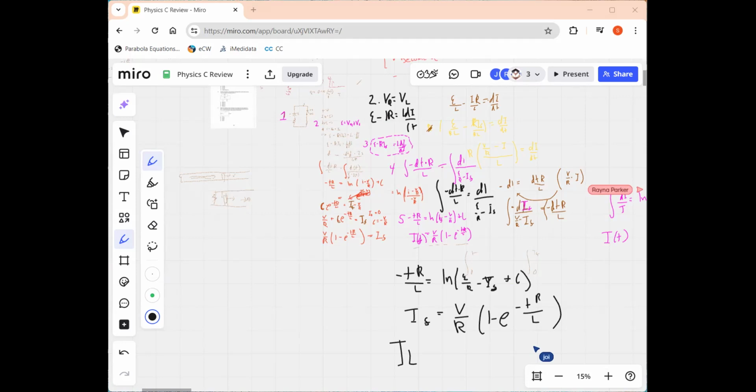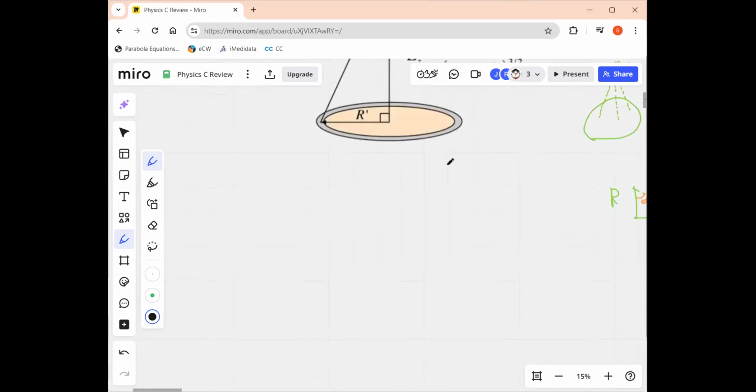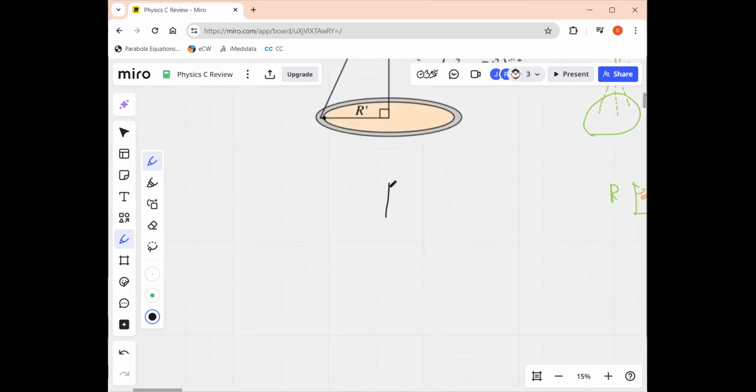So then we are gonna do Biot-Savart's law like this. So we're gonna find the magnetic field from a loop like this at a point P in the center.